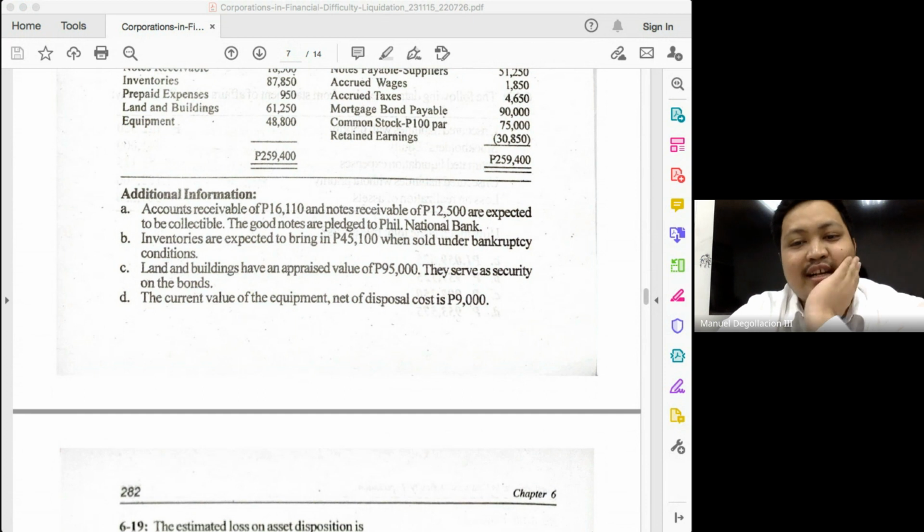Do you have the figures, class? How much is the loss from the accounts receivable? For the notes receivable, 6,000. And then 40, and then the equipment is, how much will that give you all in all? 112,740.